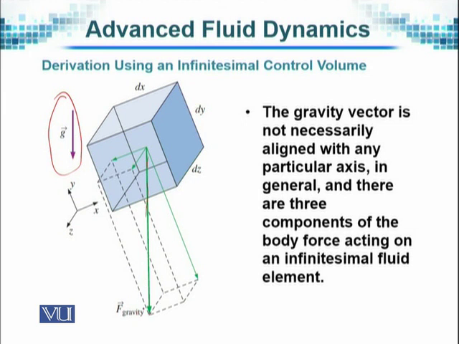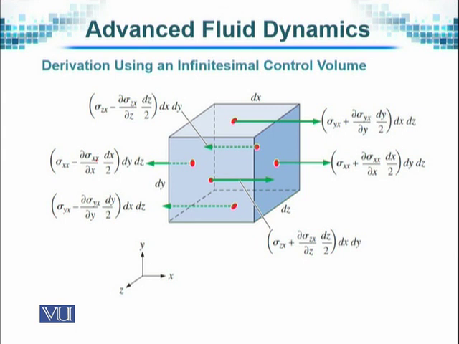But since it is tilted, it will have some component in this direction, which is parallel to the z direction. It will have some component in the x direction, possibly so. And this generally does not happen, but in some cases there is a possibility. So for the sake of generalization, for the sake of consideration of a general situation, we need to consider that it exists.